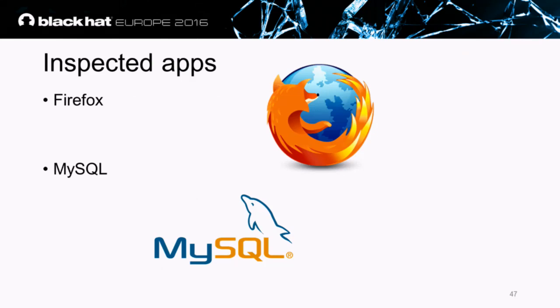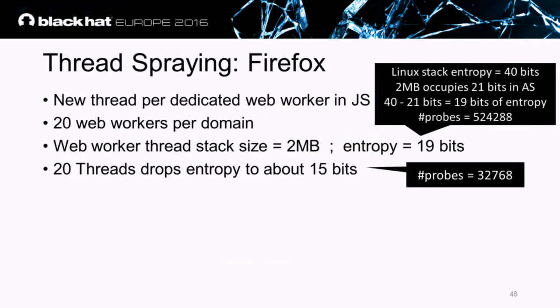So we inspected several applications. I will go over Firefox and MySQL, and how we could spawn many threads and stacks. In Firefox, when you start a dedicated web worker in JavaScript, it creates a new thread.